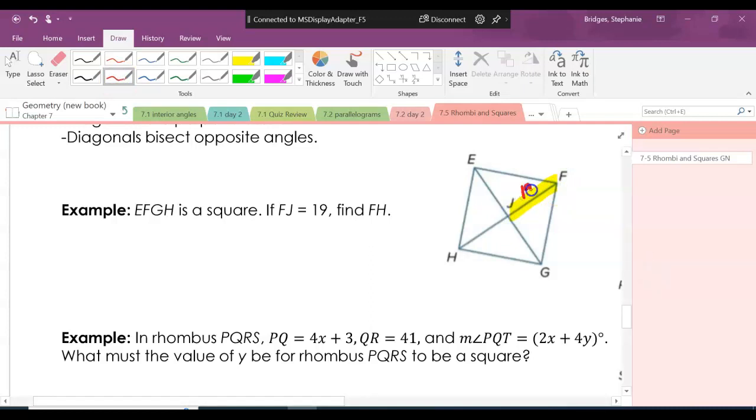And it says that it is 19, and it wants to know what the whole thing is from F to H. The diagonals do what to each other? Bisect. So if the top part is 19, what's the bottom part? 19. So what would the whole thing be? 38, right? That one was relatively simple. You didn't have to do a whole lot of work for that.